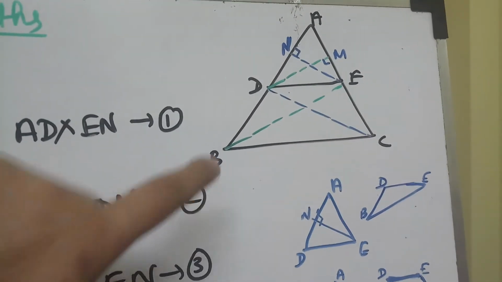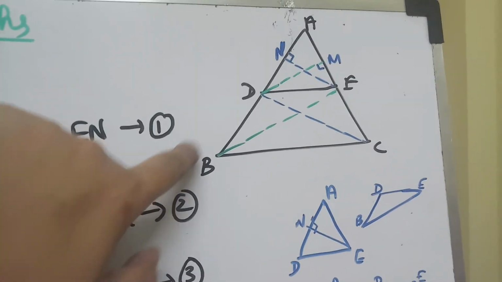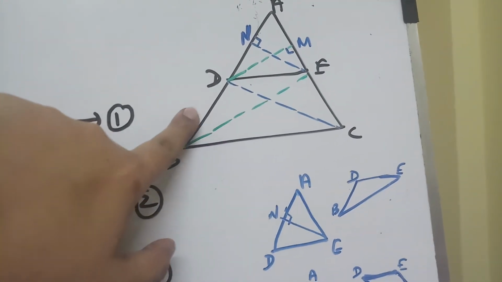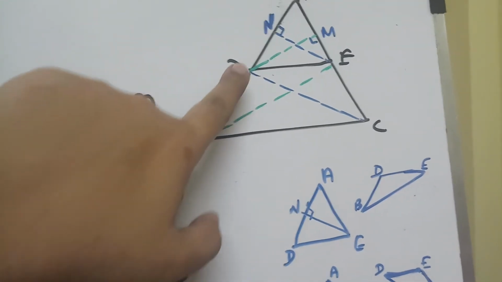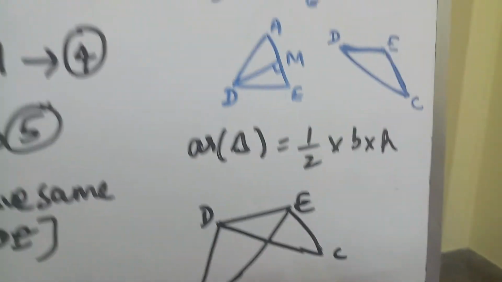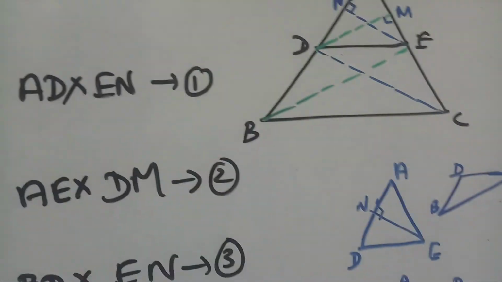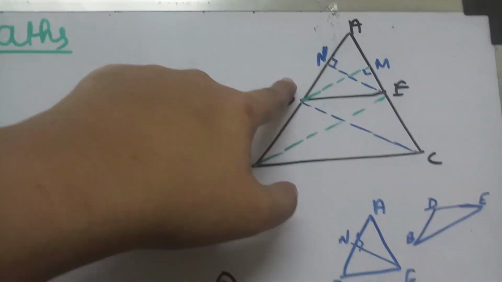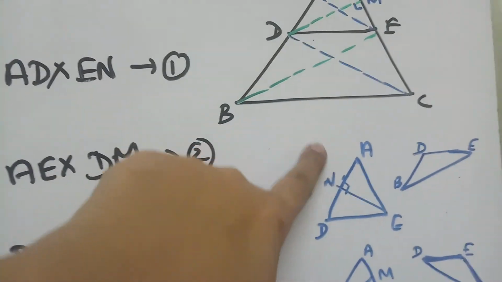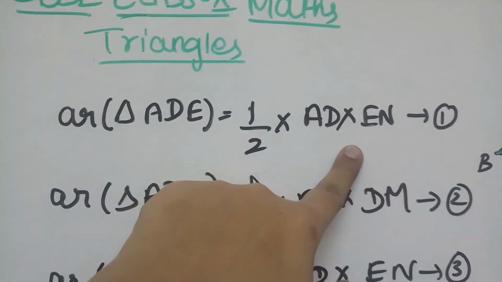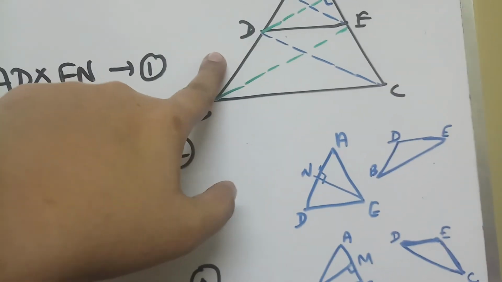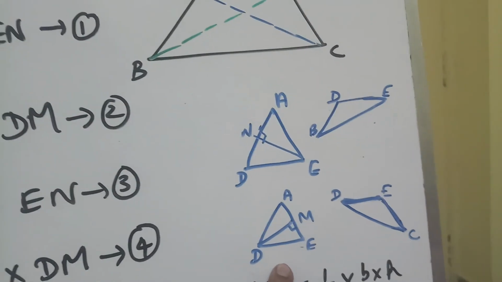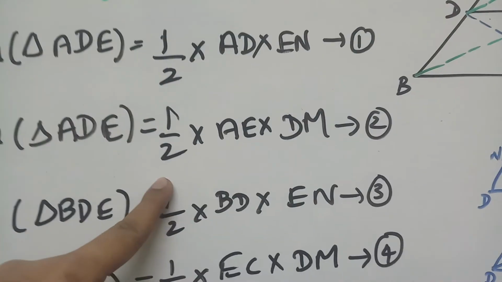In the first part we have BED and DEC, the areas of those two triangles are equal because of the same base DE that I have drawn here. And to find the area of the triangle, we know half into base into height. So considering EN as the height and AD as the base, we have the first equation, and considering DM as the height and AE as the base, we have a separate equation.